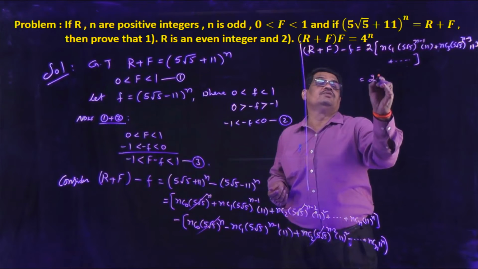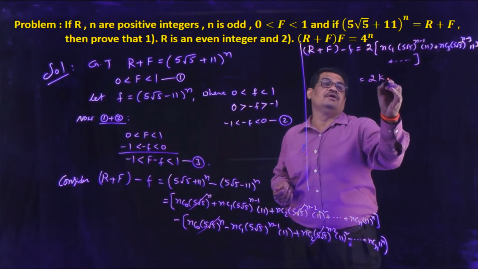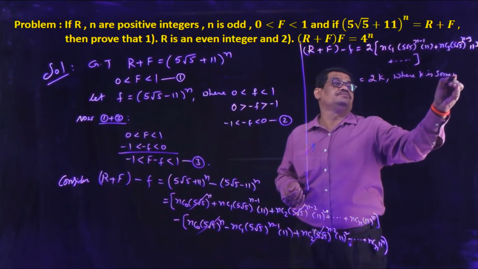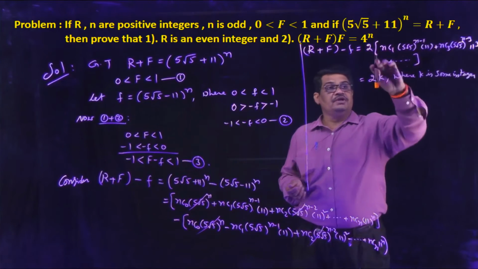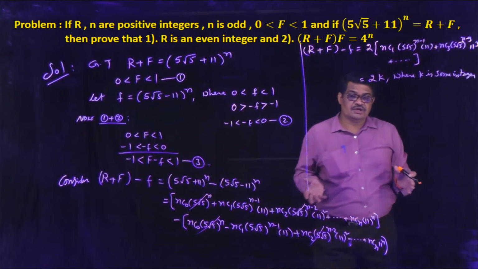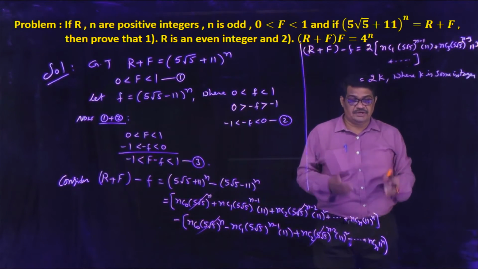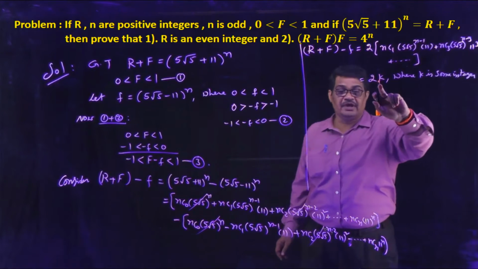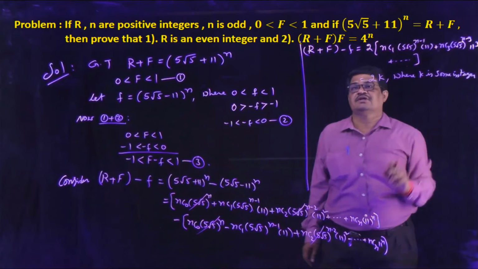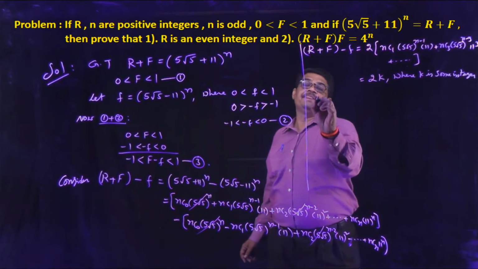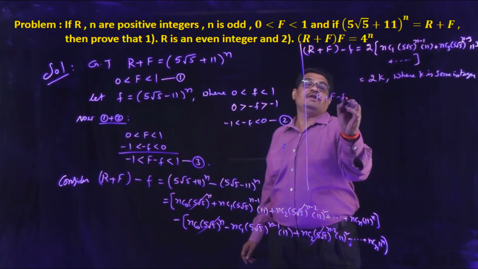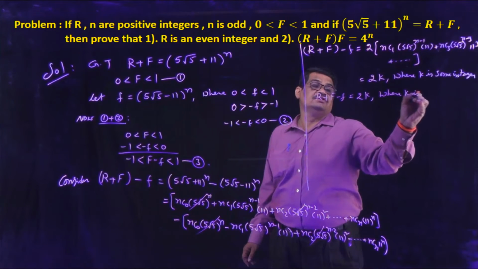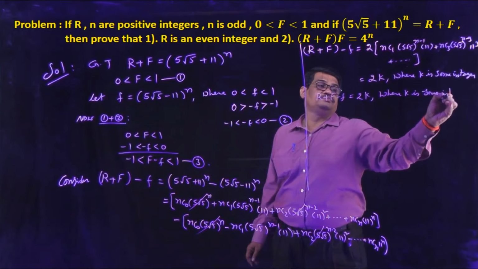That is 2 into some integer, 2k, where k is some integer. In the bracket all terms are integers, and the sum of products of integers is again an integer, that we take as k. So we are getting R + F − f is equal to 2k, where k is some integer.